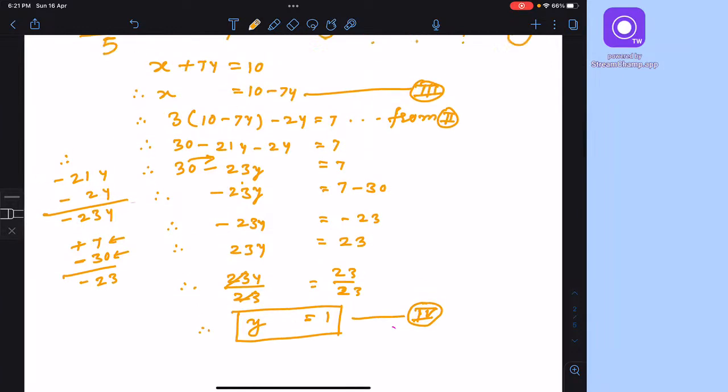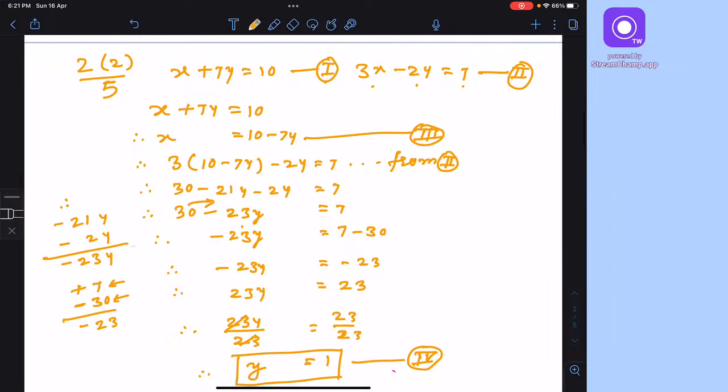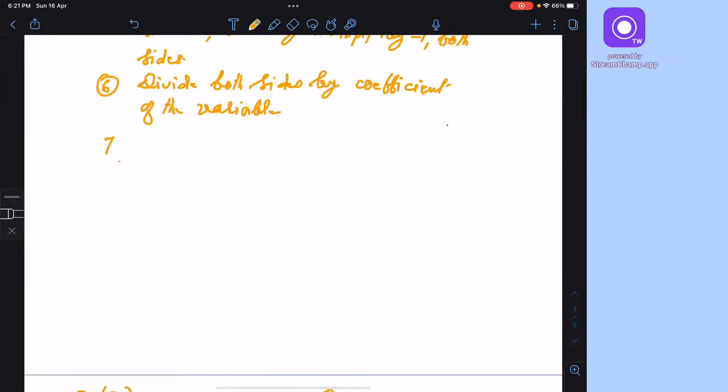So you have to put this value in the equation number 3. This is 7.